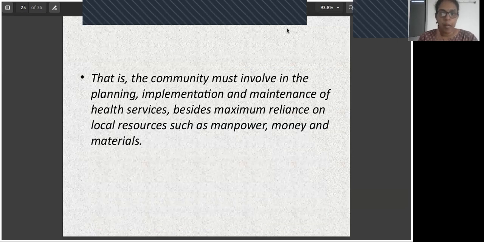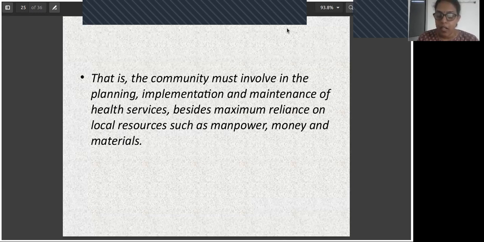The community as a whole must be involved, not just the stakeholders or the presidents, but representatives from each group at least should be involved in planning, implementation, and maintenance of health services.